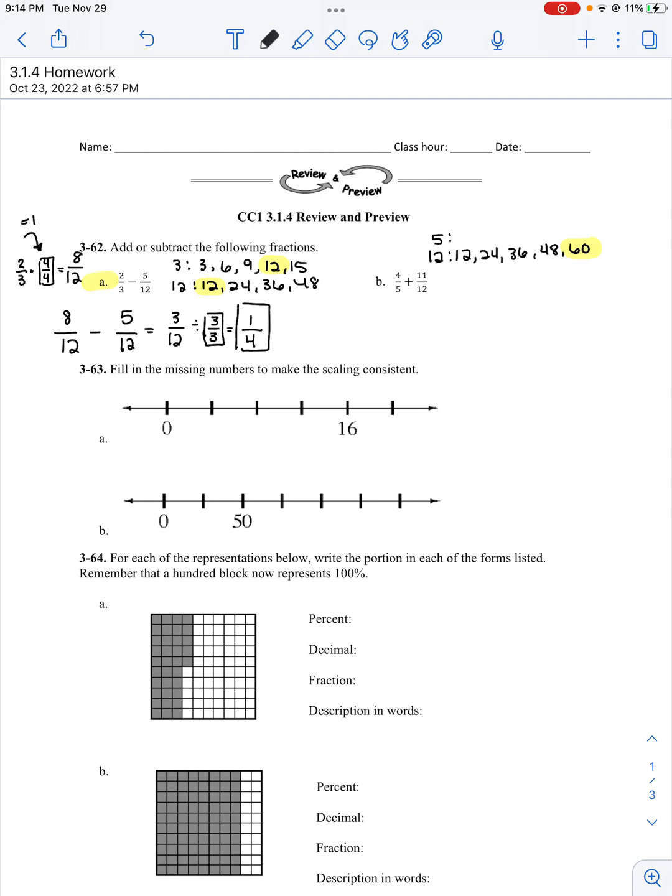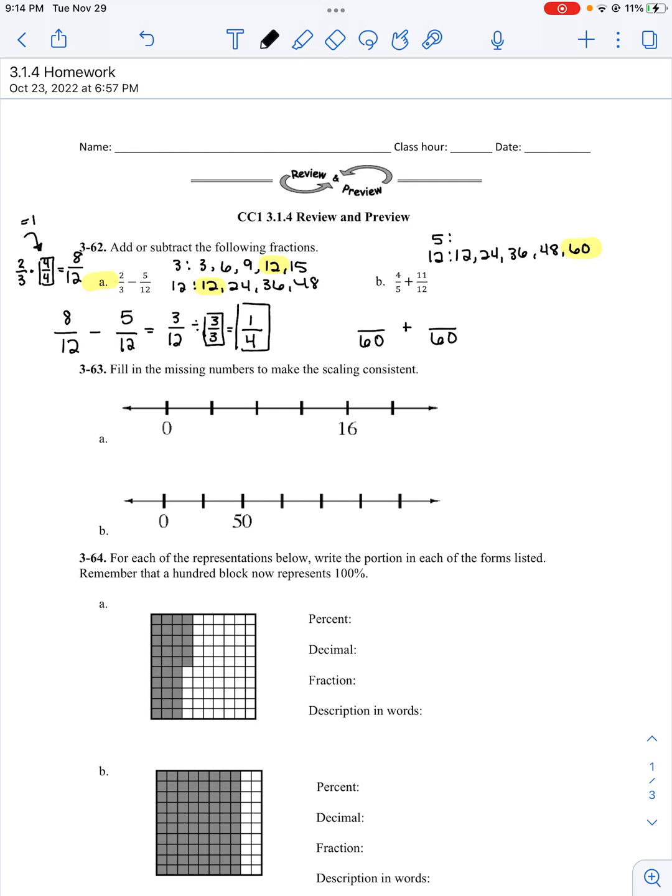And I know that 5s will go into numbers that have either a 0 or a 5 in the ones place value. So in that case, I know that 5 times 12 is 60. So 60 is going to be my least common multiple, which means that I need to rewrite both fractions.